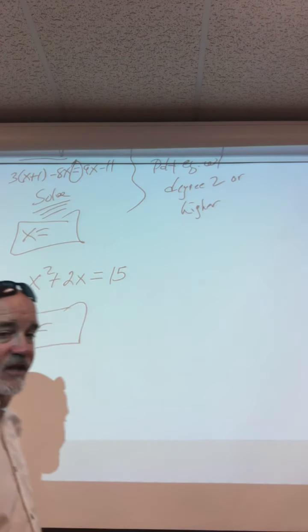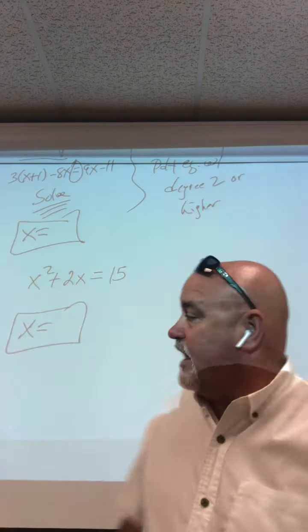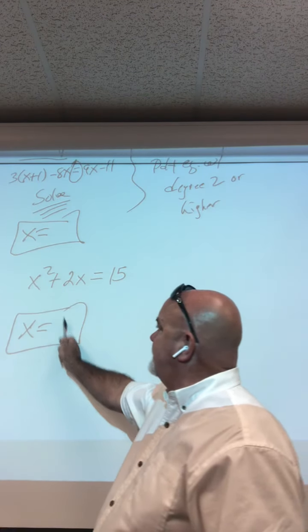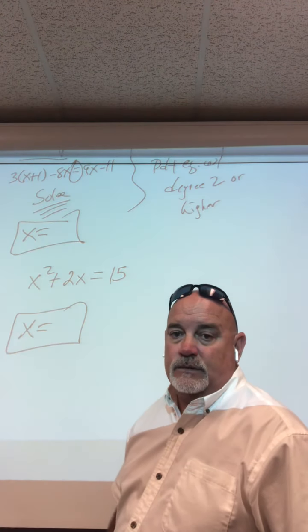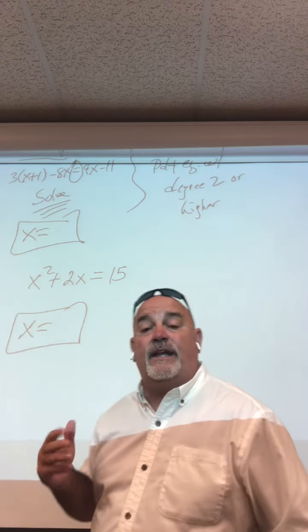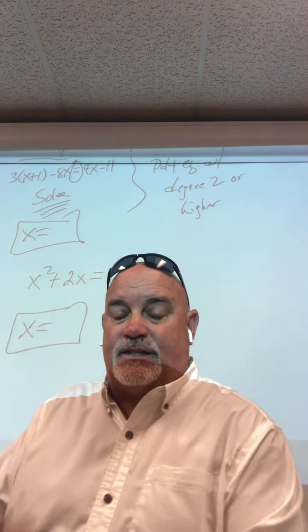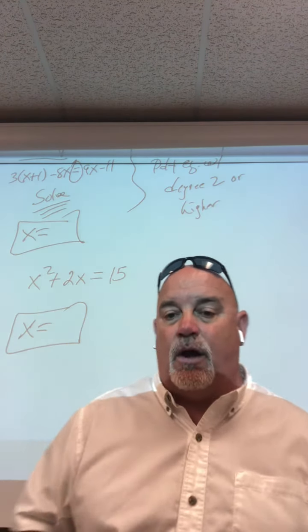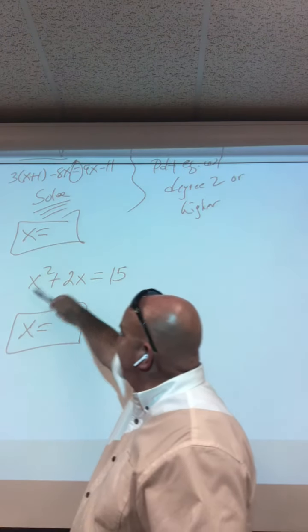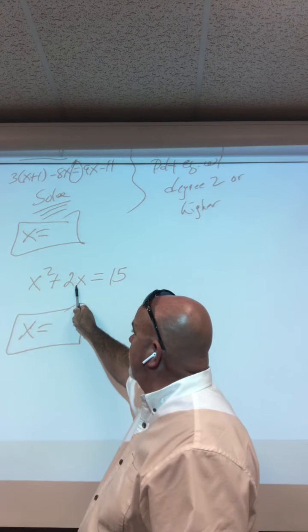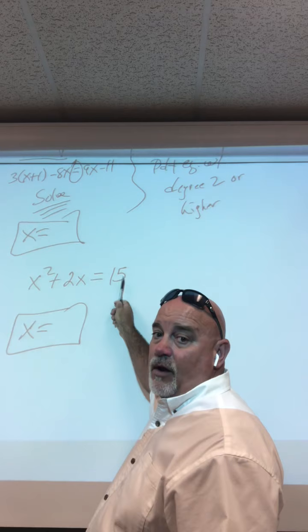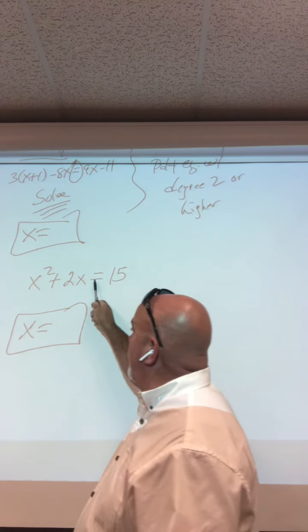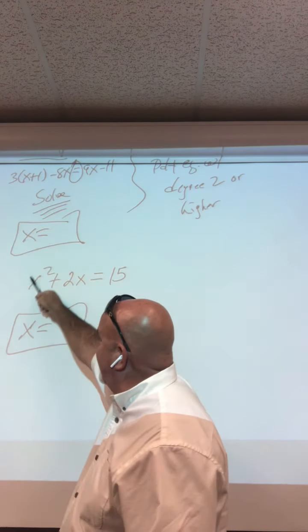If I ask you to solve this, I would be wanting you to find the number for x that makes this work. Now, try to do it like we did linear equations, where you get your x's on one side, numbers on the other. All right, let's do that. Let's get the x's on one side. They are. Let's get the numbers on the other. They are. Now, you can't add these x's together.